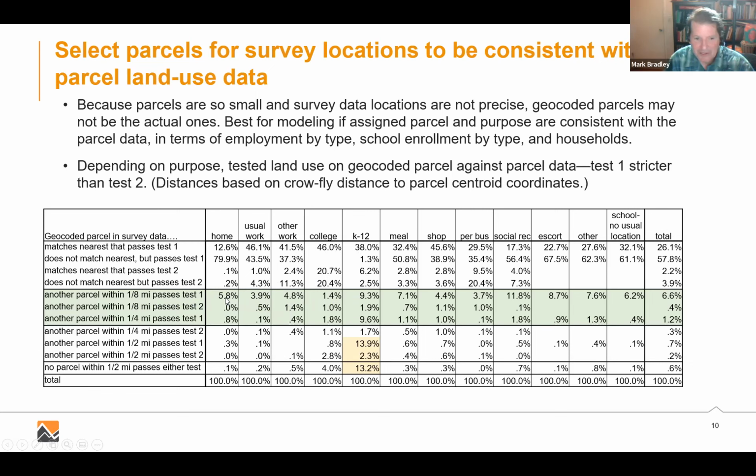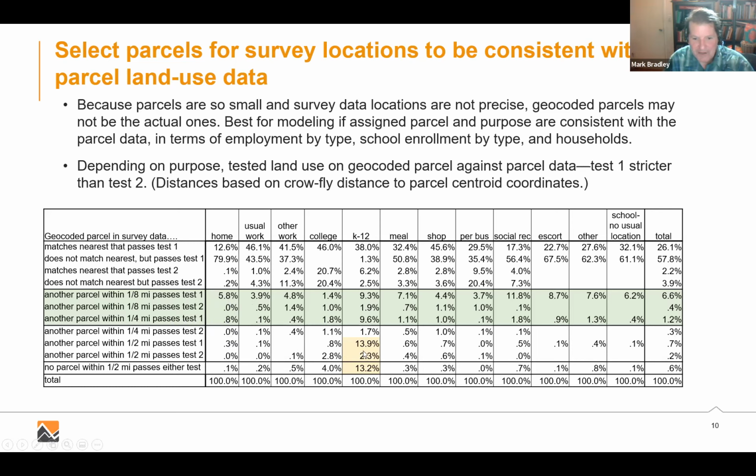It seems more likely that they actually went to the parcel where they could do what they said they did, if you believe the parcel data. So in these green ones is where we actually changed things. That leaves this small percentage in the yellow, in these last rows, where the land use data didn't really agree with the purpose in the data, but we didn't change it.